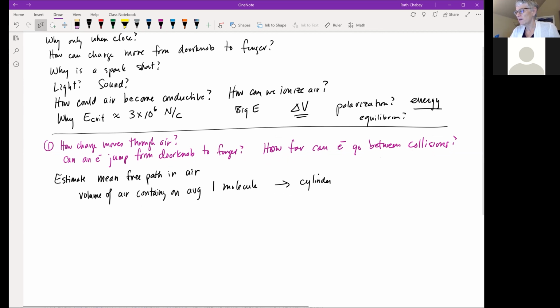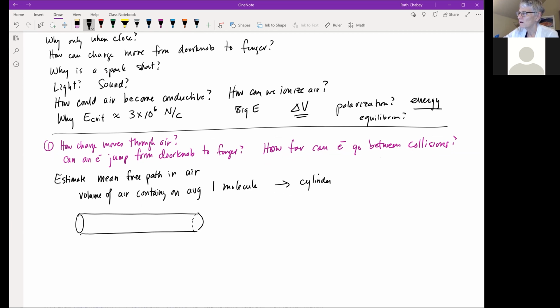And if we draw this volume of air that contains on average one molecule, and here's our particle of interest entering here. Let's say it's an electron. Now, what is the radius of this cylinder? Well, the radius of this cylinder could just be the dimension of a molecule.